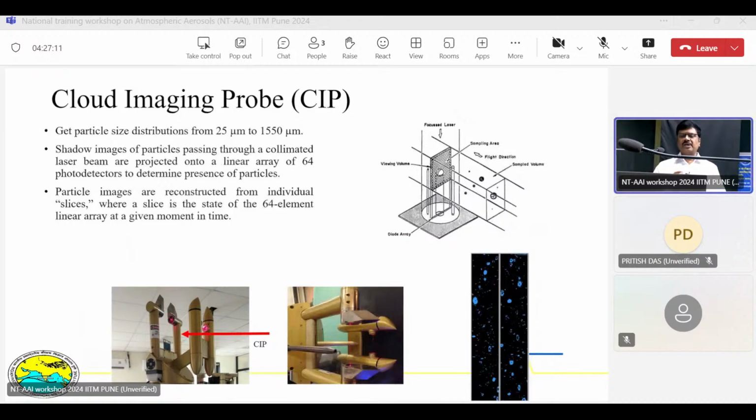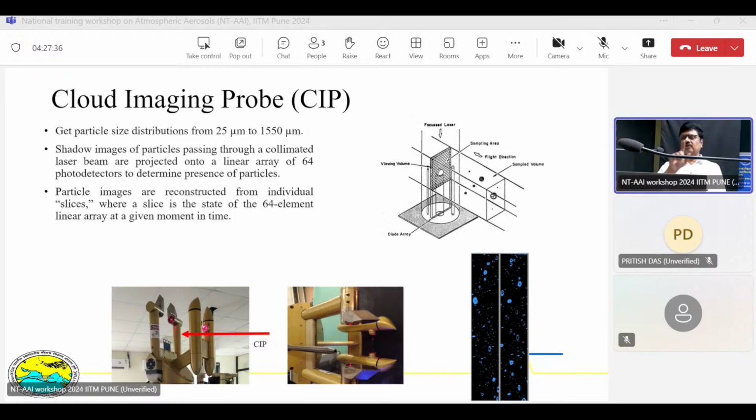Yeah, so imaging probe, the name itself says that, so it just images, right? It just captures the shadows of the particles. Let us say this probe is taken into ice, supercooled or ice cloud. So there will be crystals, ice crystals like star type, what I showed here earlier. So that will be the shadow images you will see, right?